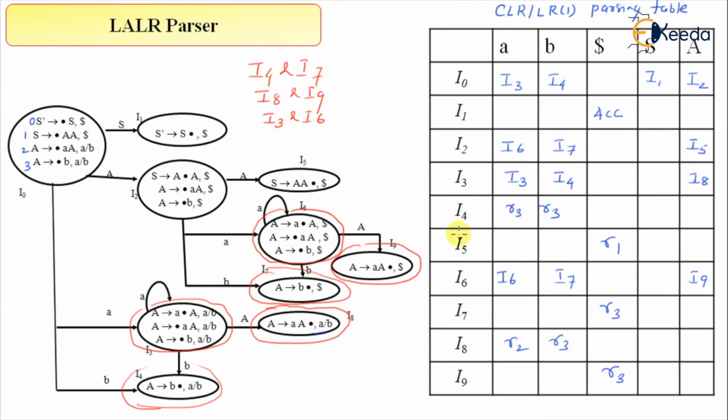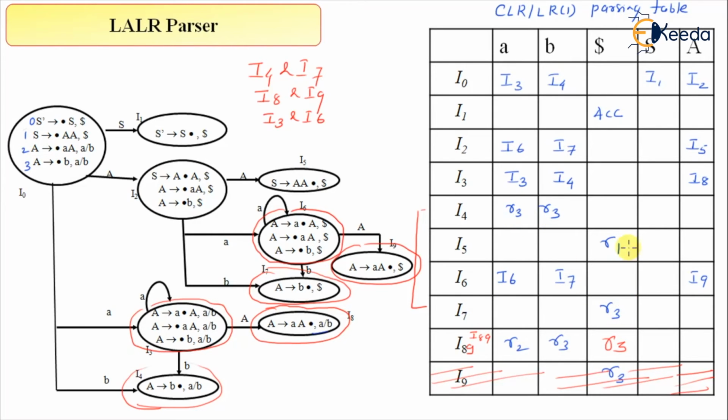Now we will create new states. We combine 4 and 7, 3 and 6, 8 and 9. Let's collapse 8 and 9 and create a new state I89. We merge these two rows, and this will be R3, and instead of I9 we now have I89. Then I take the 4th row and the 7th row and collapse them.